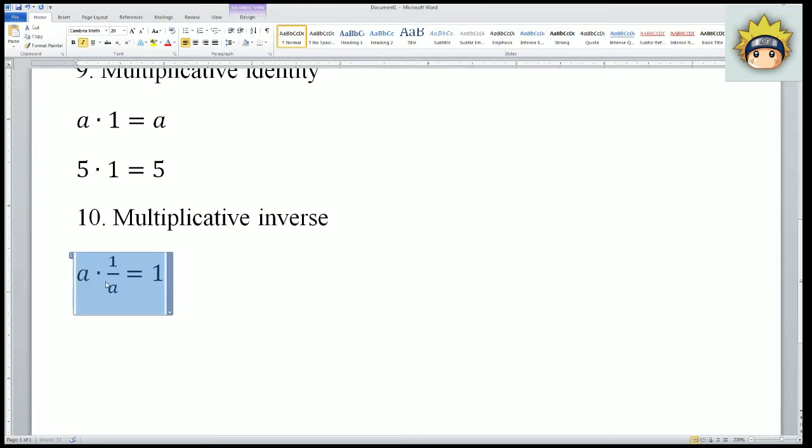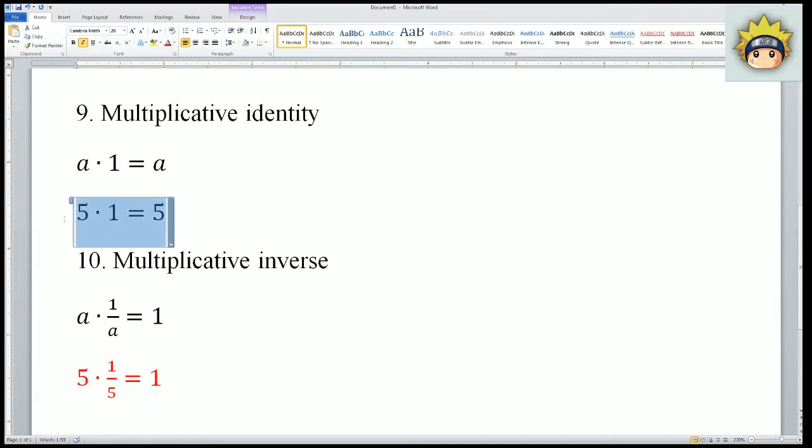So let's do that example. A can be 5. We multiply that by 1 over 5. Its flip, its reciprocal, that will also get us 1. Okay, these are all the answers here for you, in red.